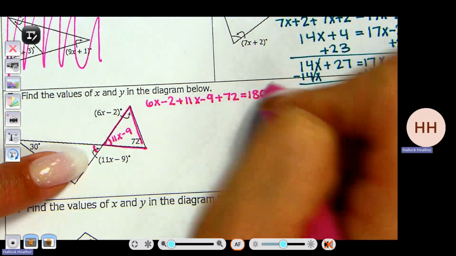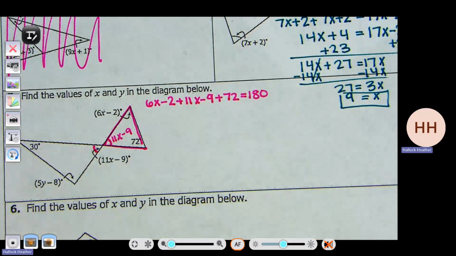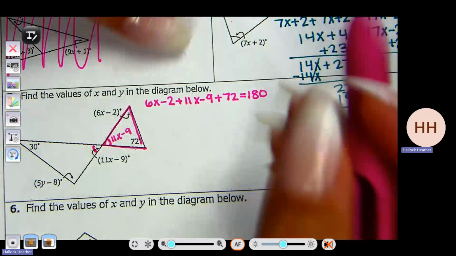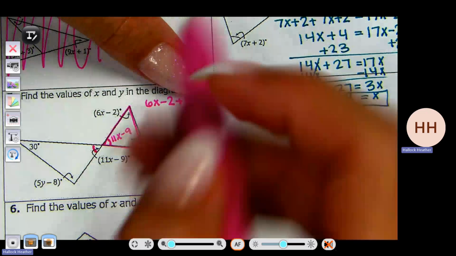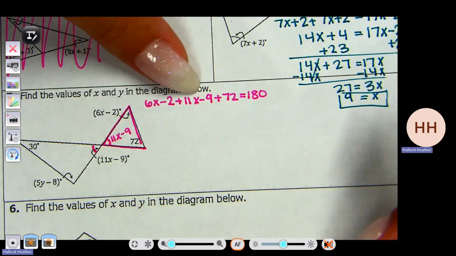Mateo, do math because I know you're not done. Look, exactly. Reduce to a 2-step equation. Plus 72. Mateo, if I do 6x and 11x together, what do I get? 6x and 11x?